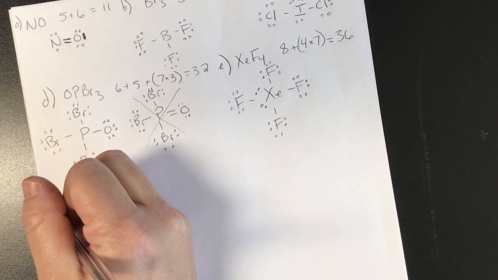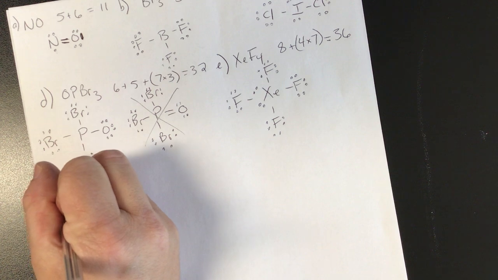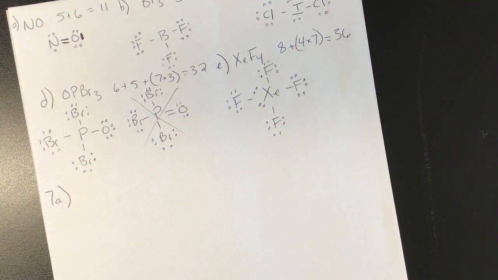Okay, let's do number 7. This one says, which is the most electronegative atom in the following sets? We have sodium, magnesium, potassium, and calcium.